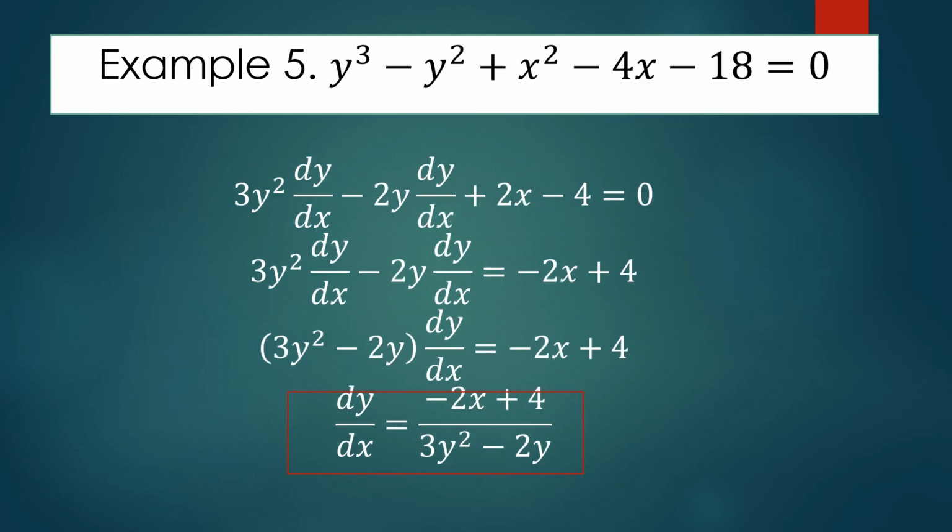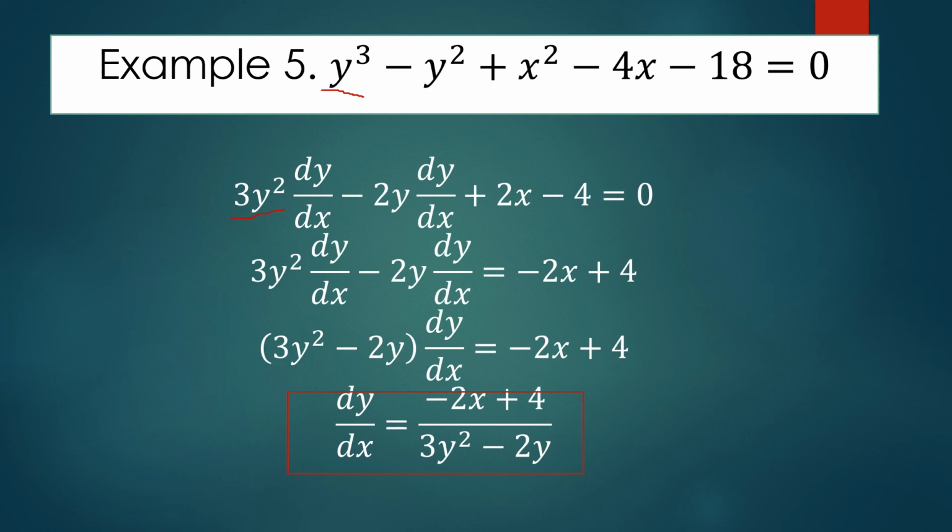Subukan naman natin ang panghuling halimbawa, y cubed minus y squared plus x squared minus 4x minus 18 is equal to 0. Okay, so isa-isahin na lang natin. So get the derivative of y cubed. Ano ang kanyang derivative? The derivative is 3y squared.